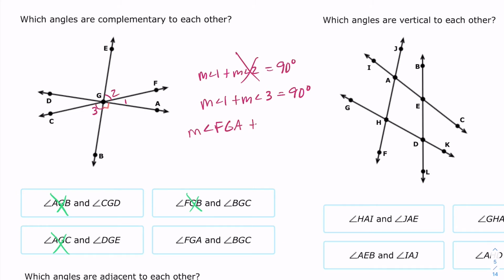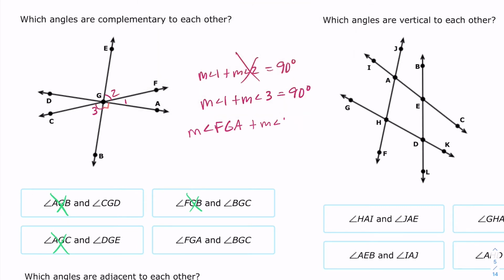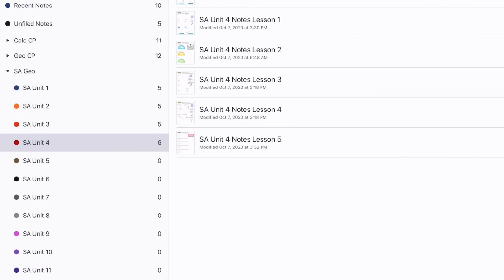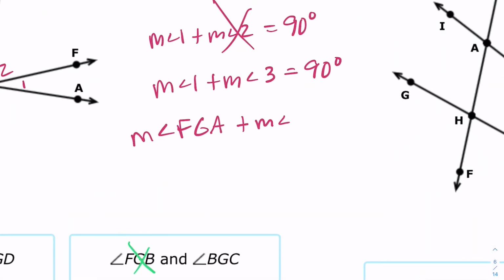And then what is angle 3? Well, angle 3 is BGC. Plus BGC. Okay, sometimes it gets messy.